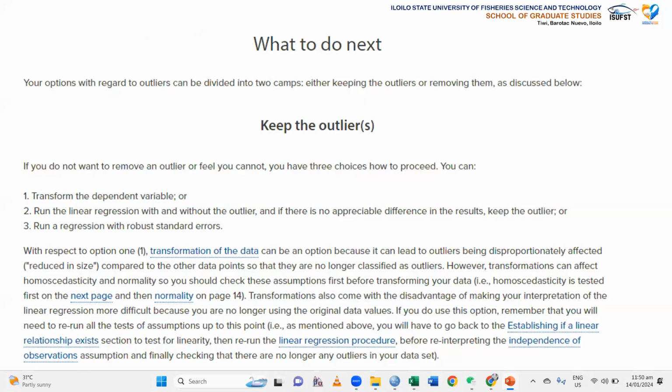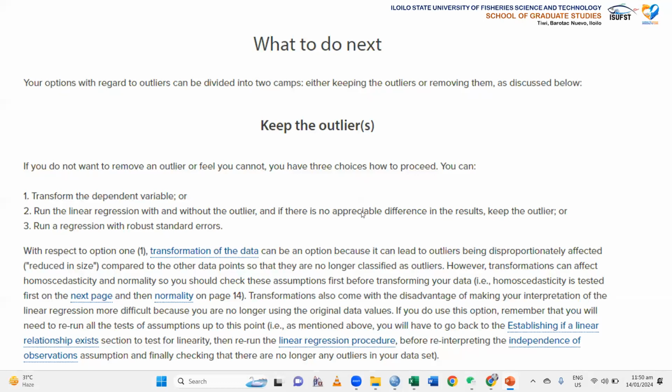So if you do not want to remove an outlier or feel you cannot, you have 3 choices how to proceed. You can, number 1, transform the dependent variable. So data transformation, we have many of them: logarithmic, size reduction. There are many. Number 2, run the linear regression with and without the outlier. So try, no? Like, compare mo ang results with ito with outlier, ito without outlier.